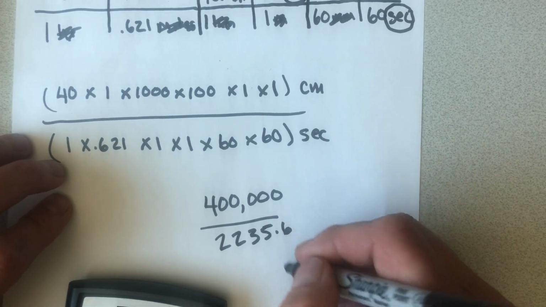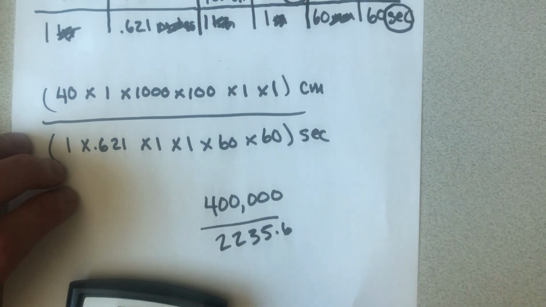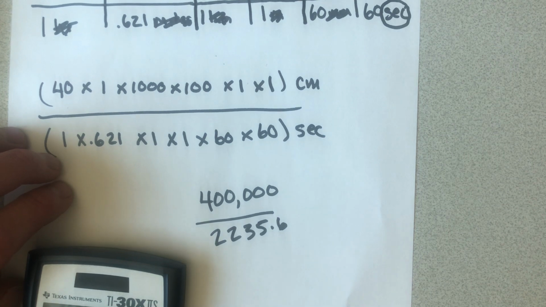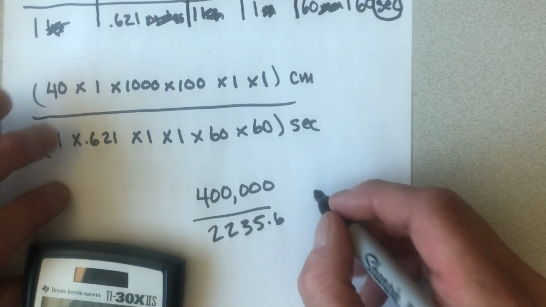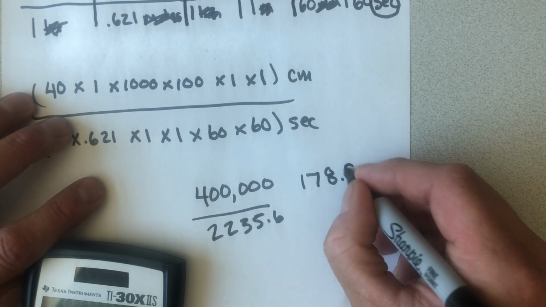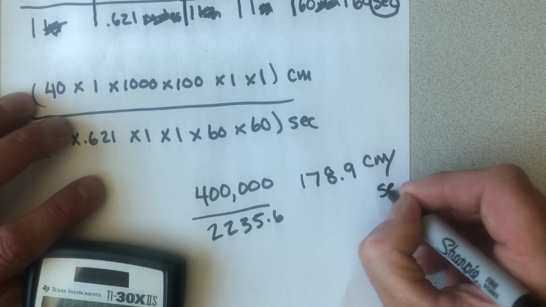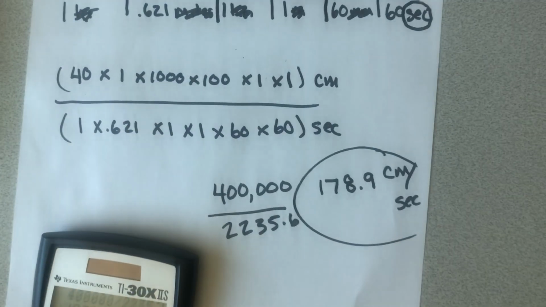Let's just divide those numbers. Once you can do that, we're really going to be in centimeters per second. So 400,000 divided by 2235.6 is 178.9 centimeters per second. All right, so that's how dimensional analysis works with rates.